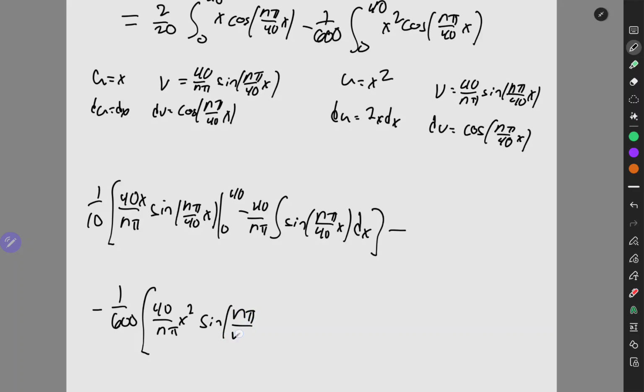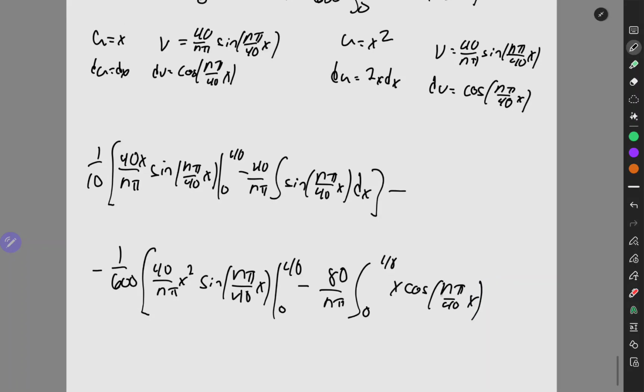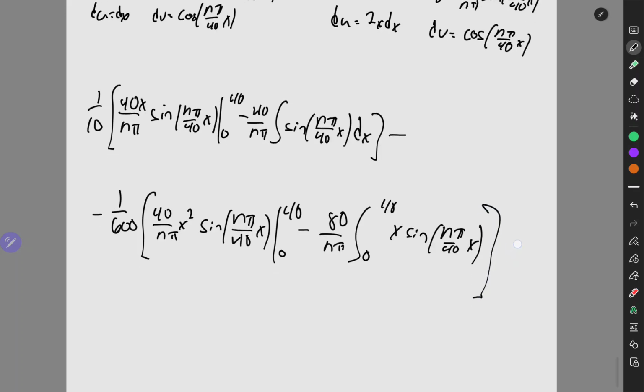Do it by yourself and see if you get the same thing I do. 0 to 40 minus pulling out the 40 times 2x, so that's 80 over n pi integral 0 to 40 x cosine. Oh, sine. It's v. Sorry, I looked at dv on accident. Okay, so good thing I caught that.